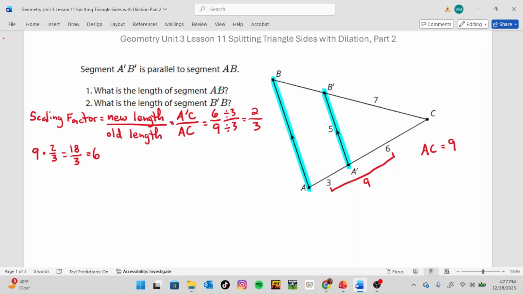Now, in order to find AB, I would have taken AB and multiplied it by 2/3, and that would get me A prime B prime, which is 5. So now I need to solve for AB. The opposite of multiplying by 2/3 is dividing by 2/3.